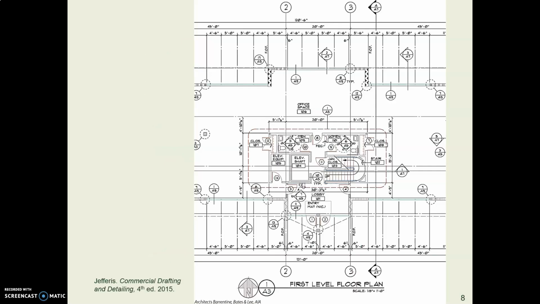Here's an excerpt out of our textbook, so you can see here are some room numbers. These circle things are referring the reader to another page, so this one right here says go to page A5 where you will see view 5 and so forth. And then these bubbly things, those are grid lines.